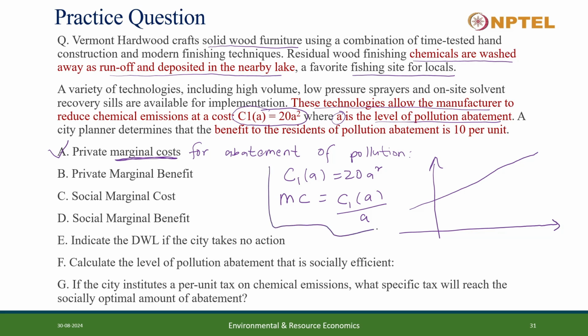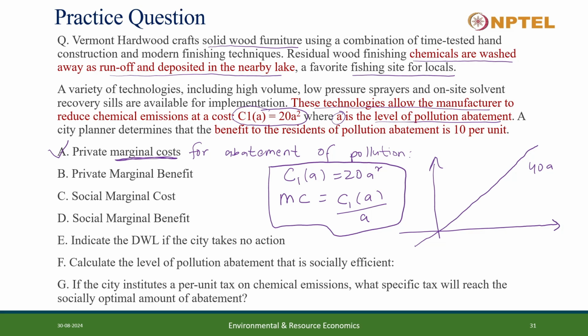What will be the equation of MC? Ma'am, 40A. Yes, the equation will be 40A. So when A is 0, it will be 0. And it looks like this, 40A, right? Is it clear? Yes, ma'am. Private marginal cost curve.